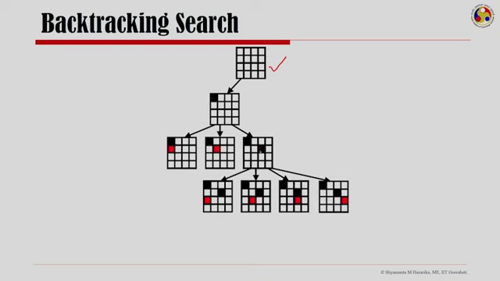So, we put the second queen here and move one step further to look for a solution for the third row. This is not a legal position, this is not a legal position, this is not a legal position, neither is this a legal position. So, what we have realized at this point is that after we have assigned the second queen, we are not left with any legal position for the third queen.